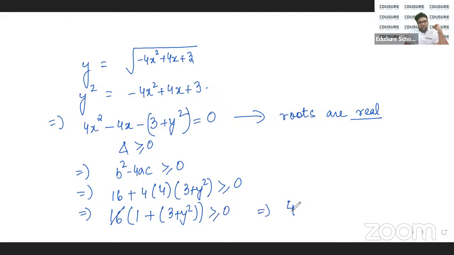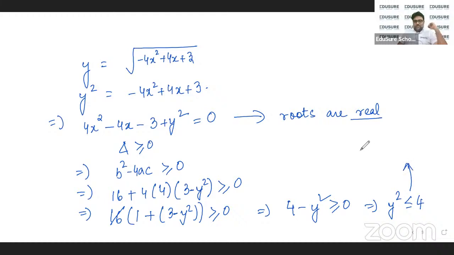So it's like this, minus 3 plus y square. So this will be basically, sorry, 3 minus, this will also be 3 minus. So this will be 4 minus y square greater than or equal to 0 or y square less than or equal to 4. That means y will lie between minus 2 to plus 2.